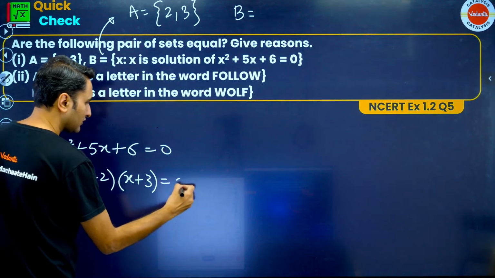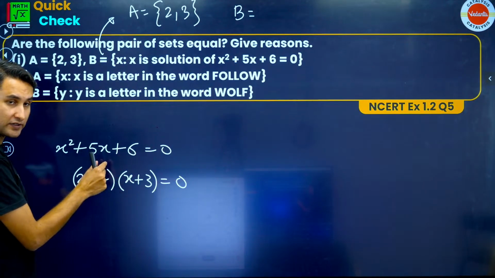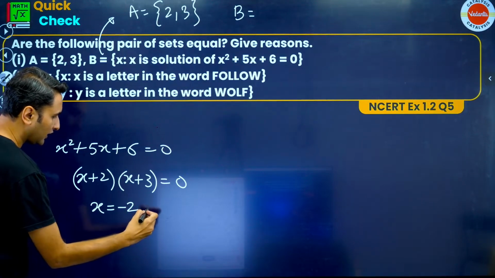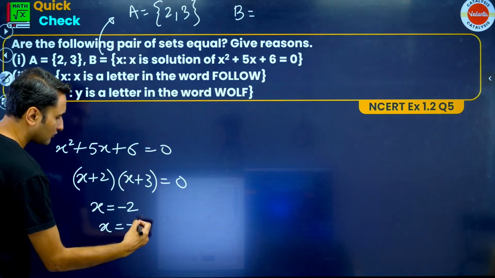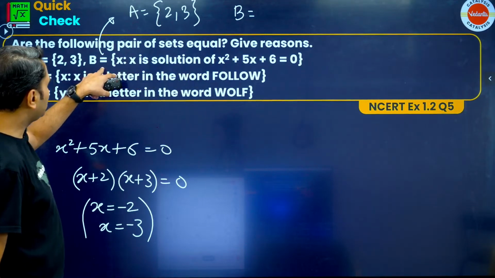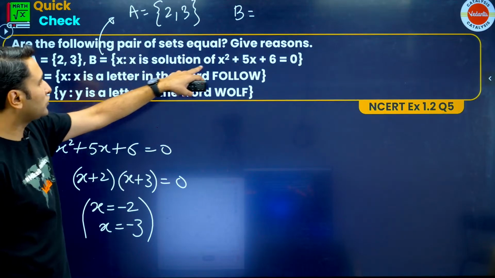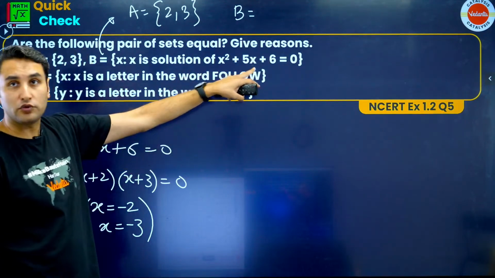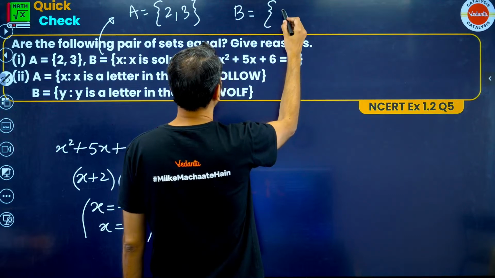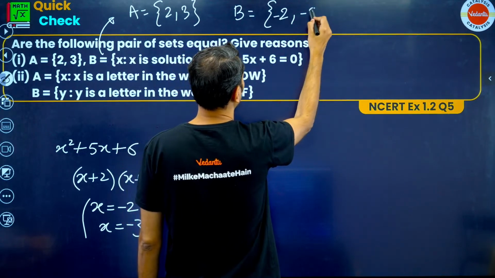Agree? 6 is 2 into 3, 5 is 2 plus 3. You can factorize. The roots are minus 2 and minus 3. Right? So set B is set of all x, so that x is a solution of this. If x is a solution of this, it implies B is what? The solution is minus 2 and minus 3.